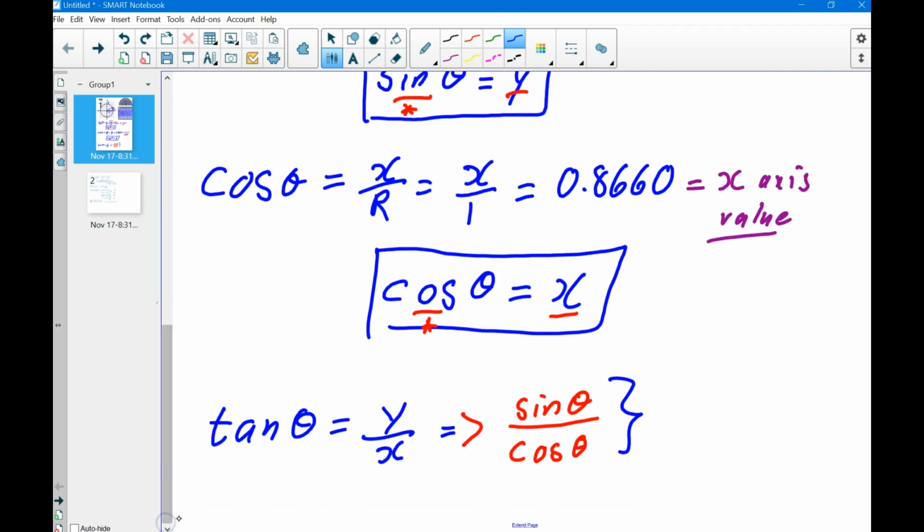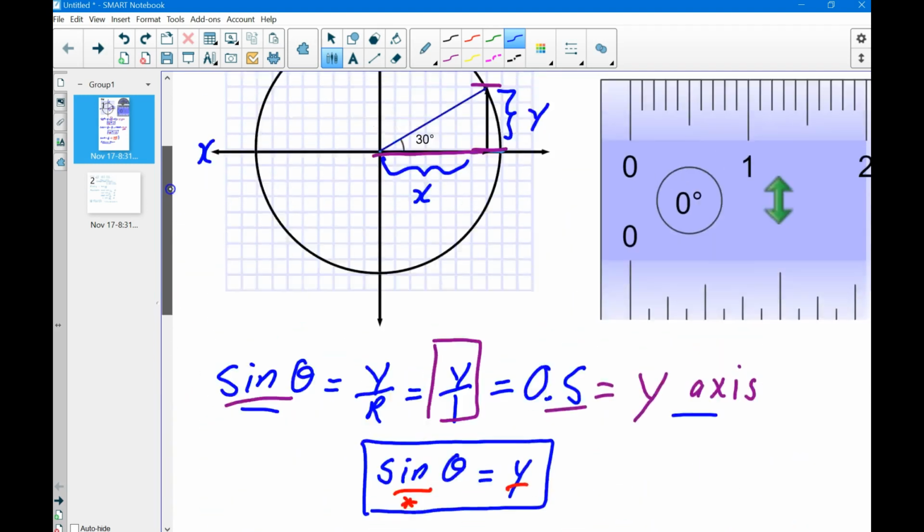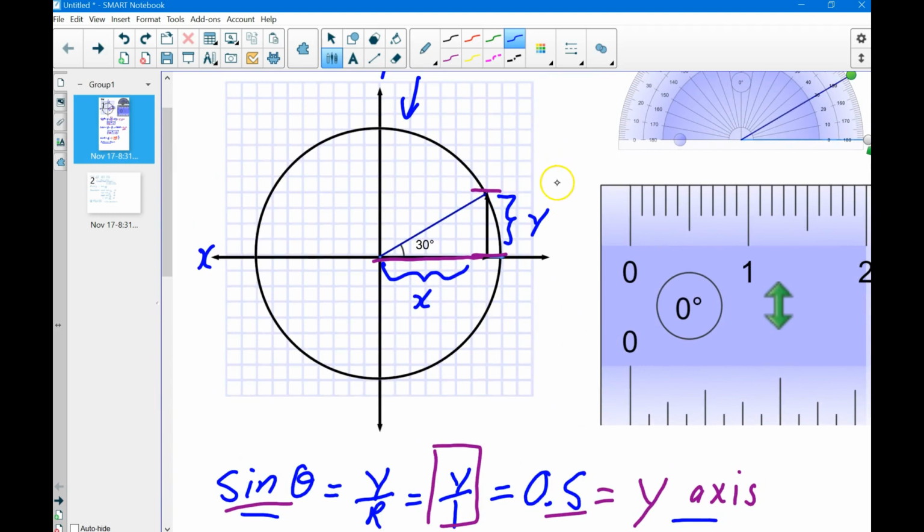Let's take the trig identities and put it in terms of Pythagorean theorem. So, Pythagorean theorem says that if I take this side right here, y, and I square it, and then the x side, and I square that, and I have them together, it will be equal to this side here, which is the radius, squared.